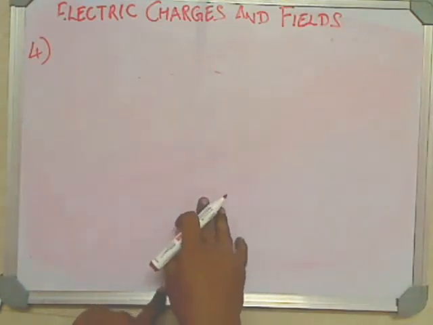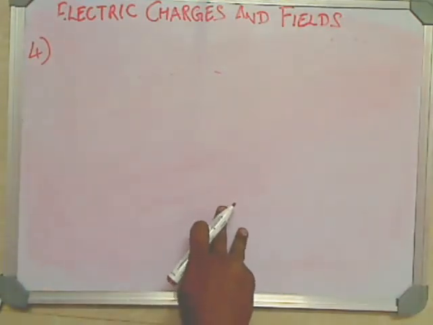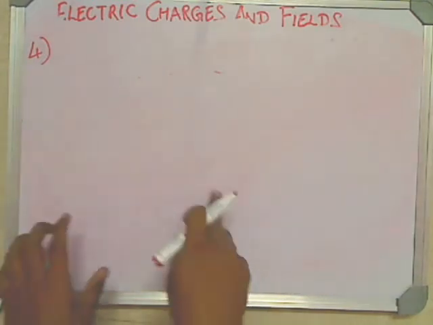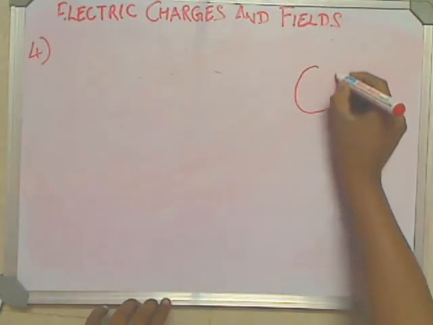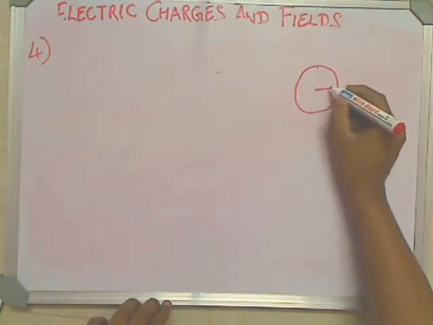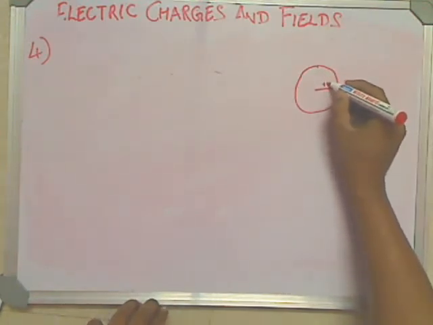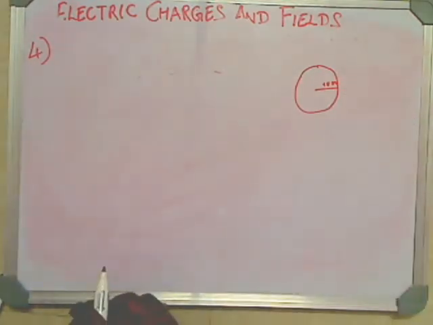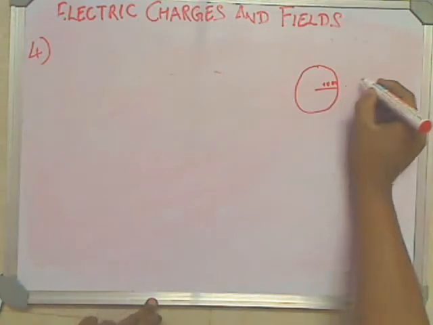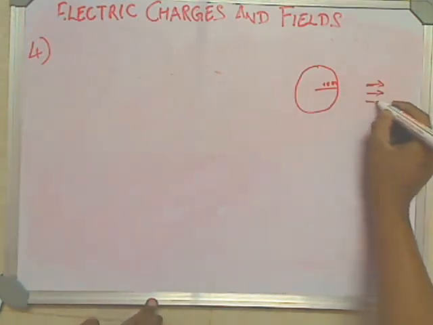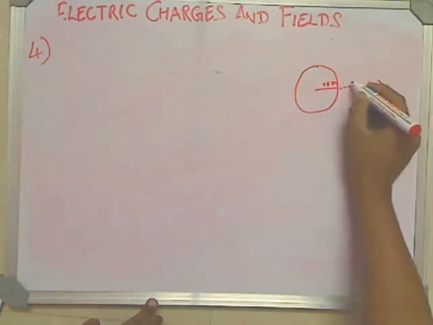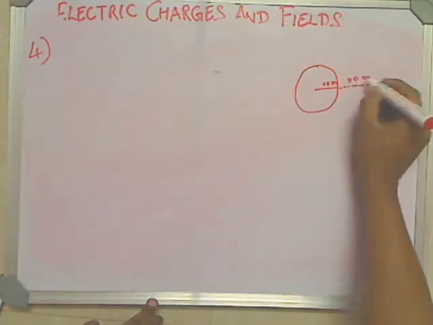Now, when you want to consider this, the data here, again I'll read it out. There is a sphere of radius 10 centimeters. From the point to the center, the radius here is 10 centimeters. The electric field is 20 centimeters from the center. That is, the electric field is somewhere here. From here to here, it is 20 centimeters, 10 plus 10.